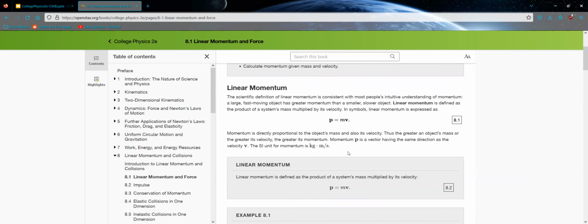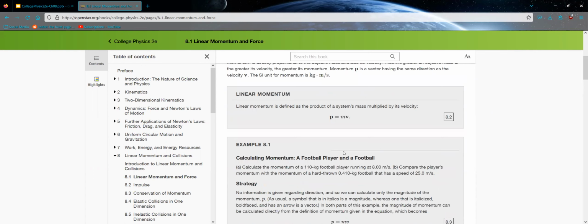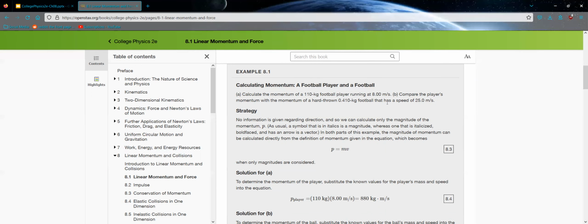Again, kinetic energy was in Newtons. So momentum technically doesn't have its own SI unit. It just mashes together mass and velocity. Compare that momentum to the momentum of the football. If it's, say, thrown at 25 meters per second, but the football only has 0.41 kilograms of mass.